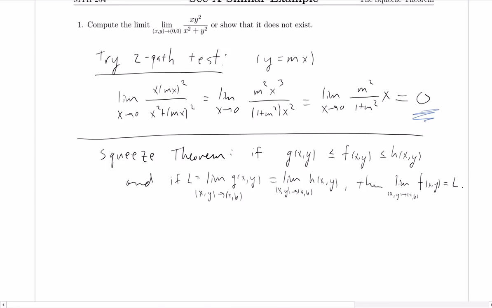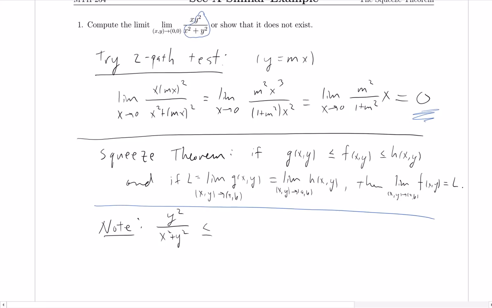So let's note one thing right now. Let's ignore the x in the numerator and just look at the rest of it. So let's notice something. y squared over x squared plus y squared, which is the function we're given without the x.